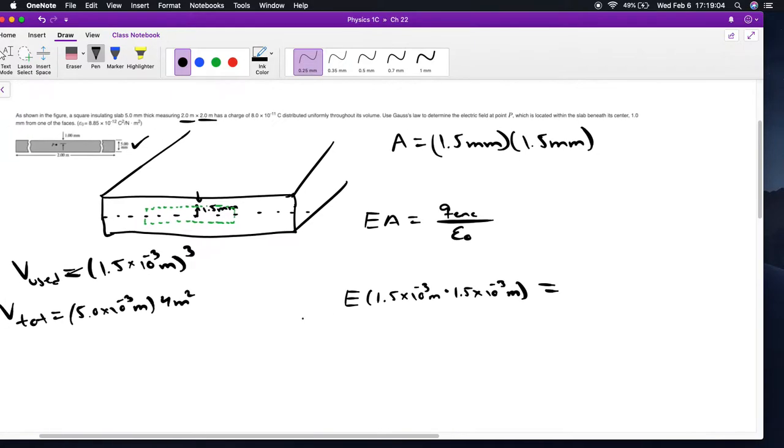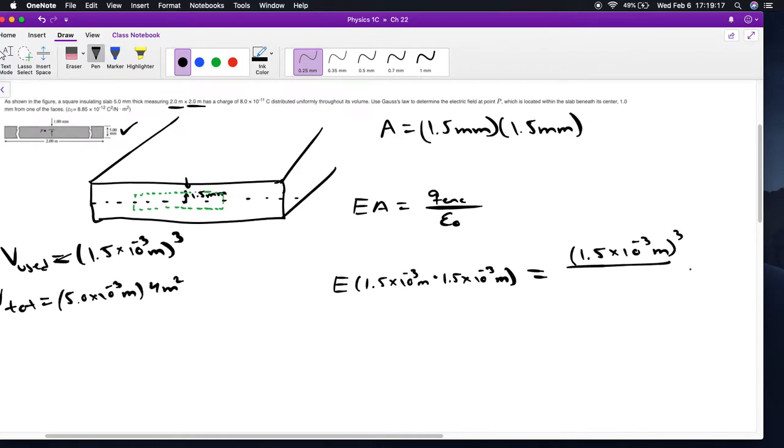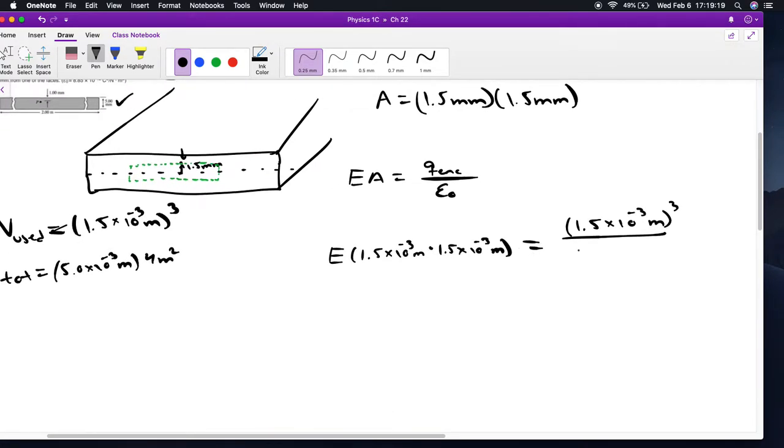So the ratio is going to be 1.5 times 10 to the negative 3 meters cubed over 5.0 times 10 to the negative 3 meters times 4 meters squared.